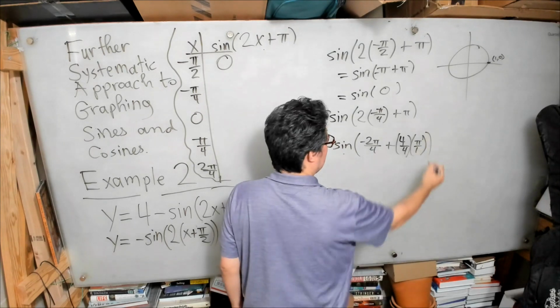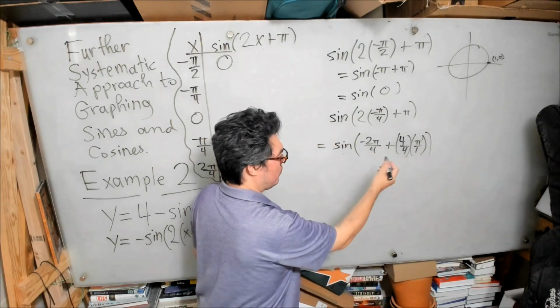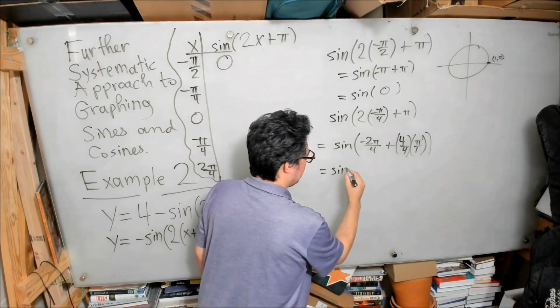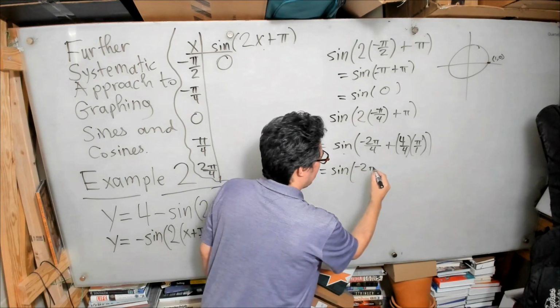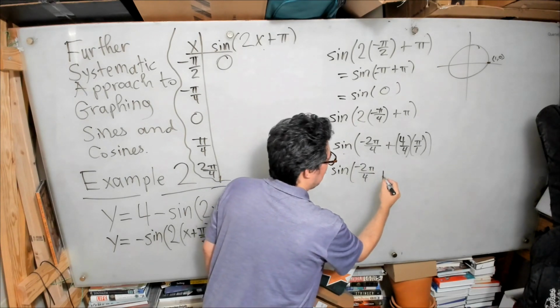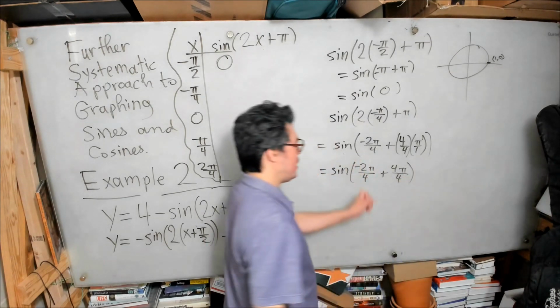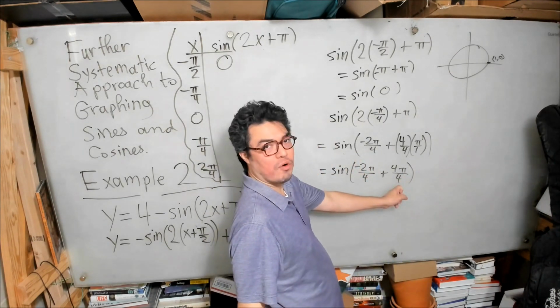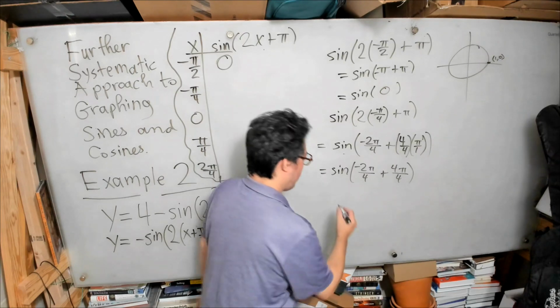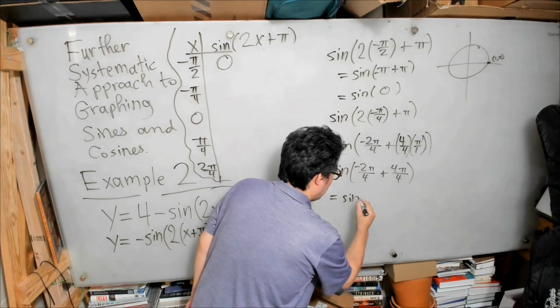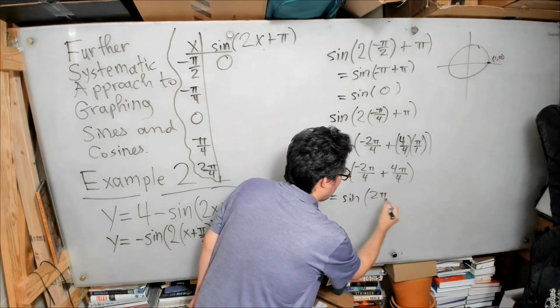Okay? Then, of course, when you multiply that, you're going to get sine of negative 2 pi over 4 plus 4 pi over 4. And you can see that negative 2 pi over 4 plus 4 pi over 4 is 2 pi over 4. So that's sine of 2 pi over 4.